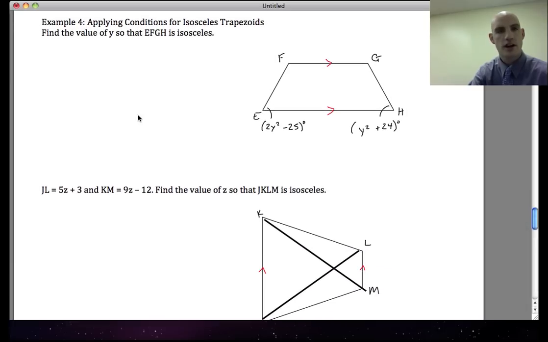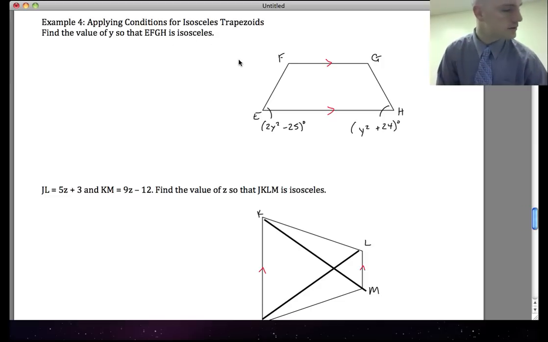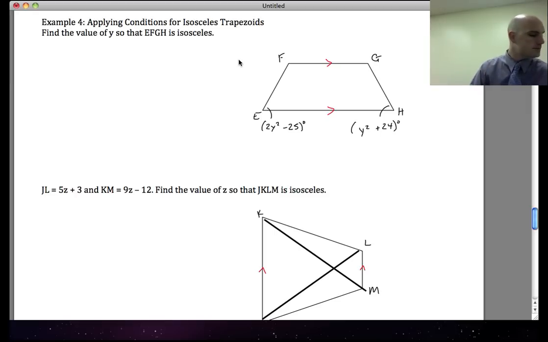Now, I'm going to move down. Here's another example. We have two base angles here that are congruent. And so we are going to say this is an isosceles trapezoid. How do we know? Now, we know that this is an isosceles trapezoid because they just told us that it is.